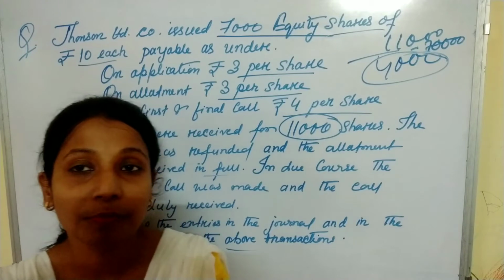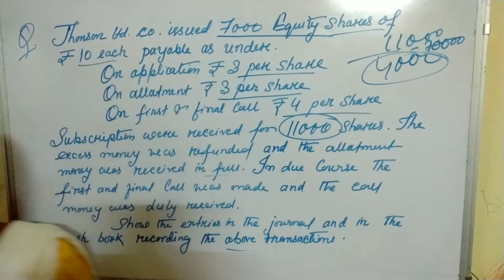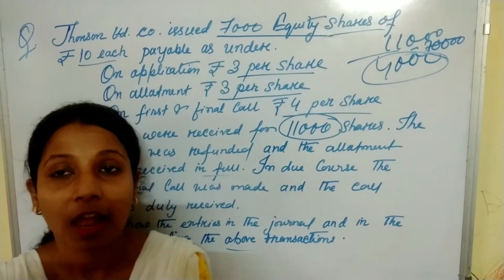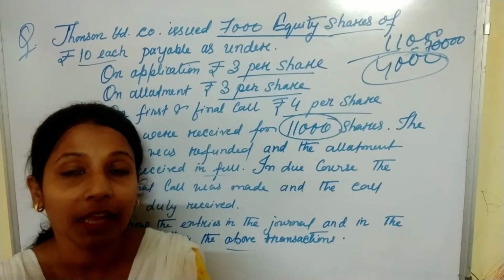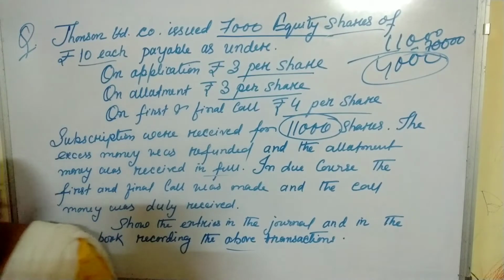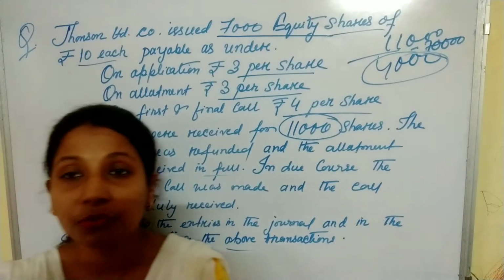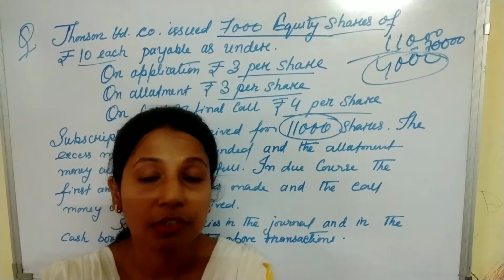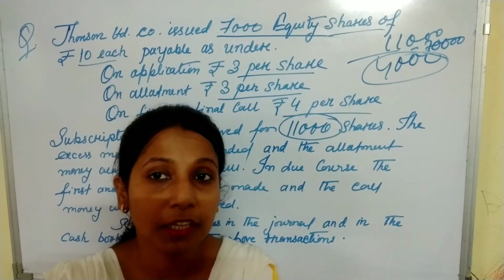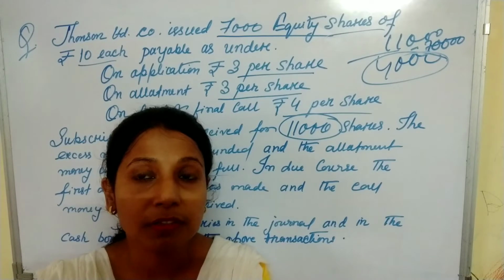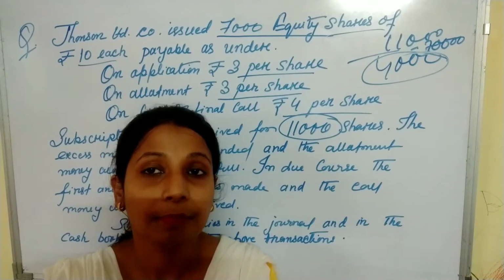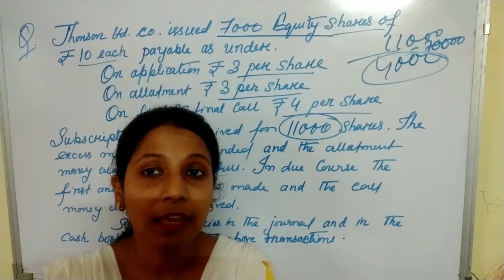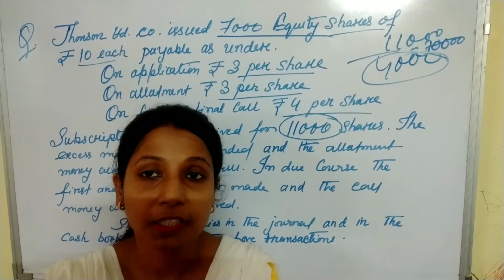Now student, remember one thing, when both cash book and journals are required to be maintained, then all the entries of receipts and payment of cash are recorded in the cash book, and entries related to transfers of application money, allotment and making call money due are recorded in the journal.